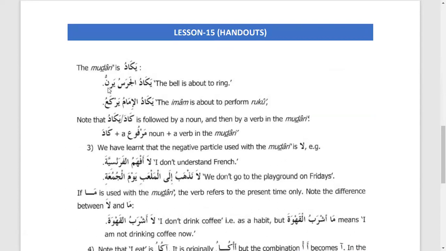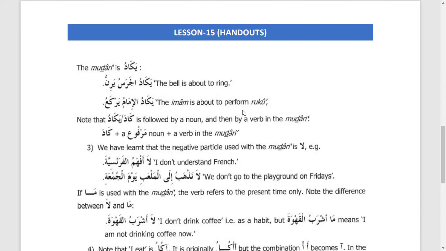Yakadul jarasu yarinnu, the bell is about to ring. So now the translation is present. Why? Because it starts with the present tense. And yakadul imamu yarkau, the imam is about to perform ruku. And the verse you are referring to is, I think, verse number 20 of Surah Baqarah, which is yakadul barqu yakhtafu absarahum.